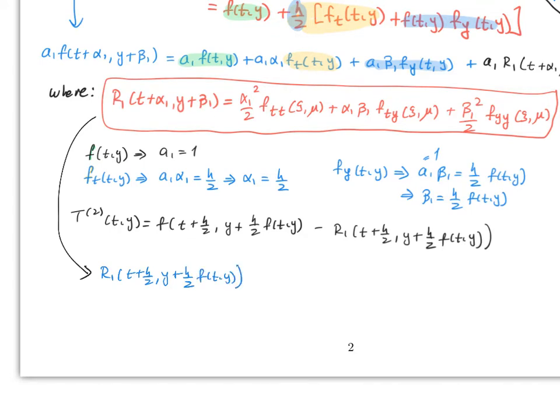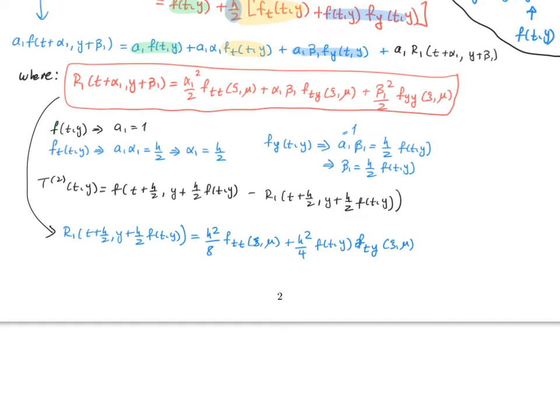f of t y gives you h squared over 8, and you should double check this, times the second derivative of f with respect to t, evaluated at c mu, plus h squared over 4 f of t y, the derivative with respect to t first, and then with respect to y, evaluated at c mu, and then plus h squared over 8 times the function squared times the second partial with respect to y, evaluated at c and mu.